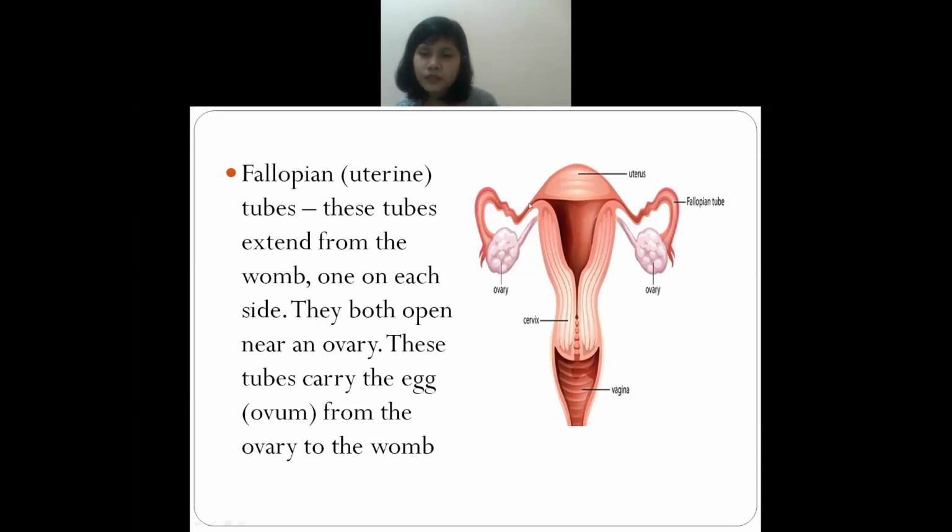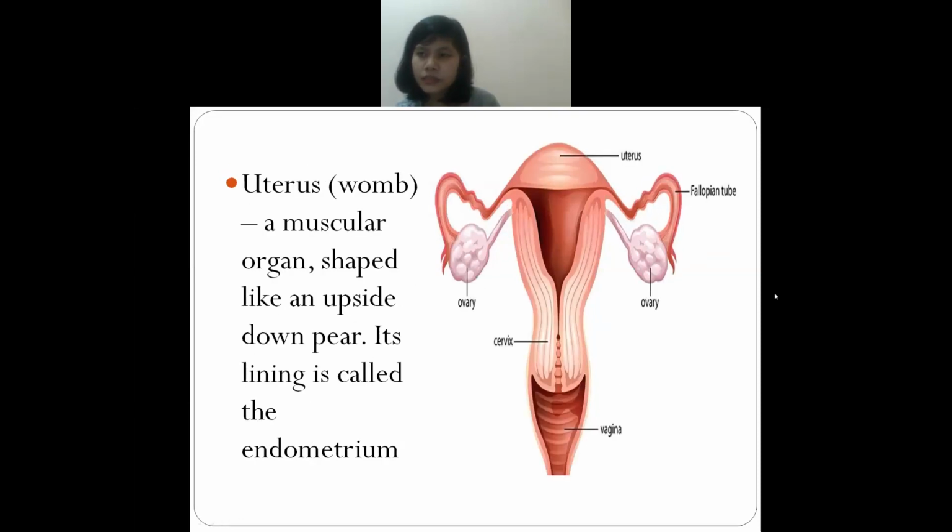Then, what is the role of the fallopian tube? This one. I'll ask someone. Yati, can you tell me what is the role of this fallopian tube? What does this fallopian tube do?